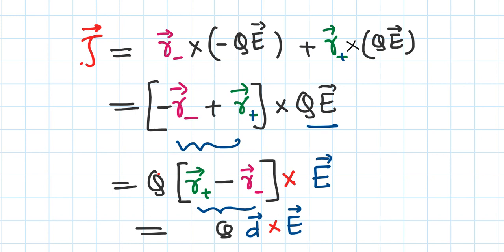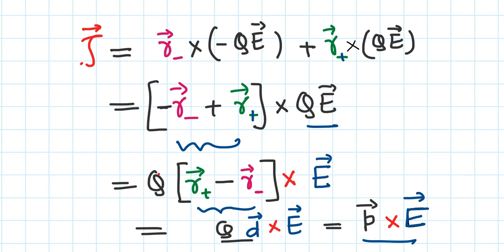Q times the difference vector, or the dipole length vector, is indeed the electric dipole moment, which is P. So QD together makes the vector P, and all we have is cross E. So this is what the expression for torque is.